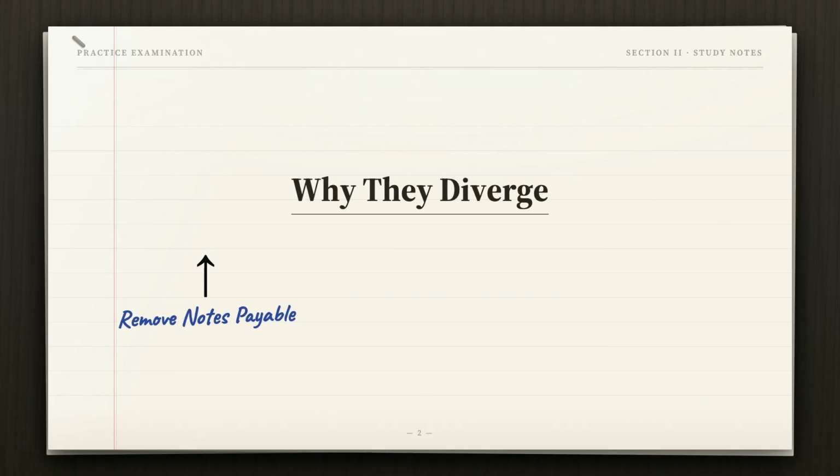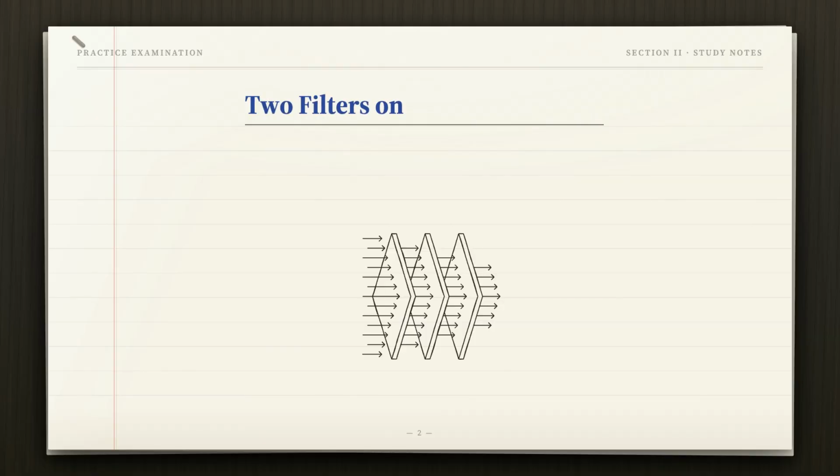Removing notes payable pushes the operating measure up, since a smaller subtraction leaves more behind. Removing marketable securities pushes it down, since there's less asset base to start with. Whichever removed item is larger decides which measure ends up bigger, so neither one is always on top.